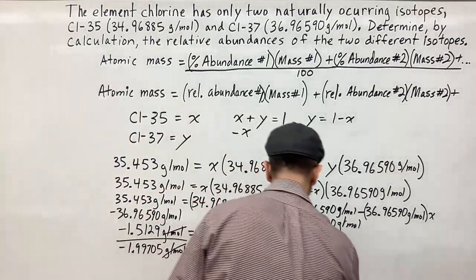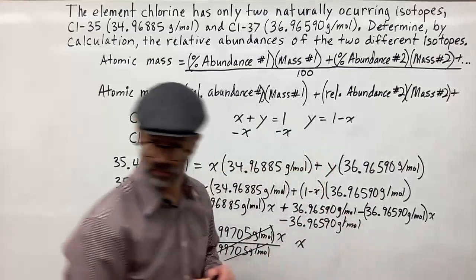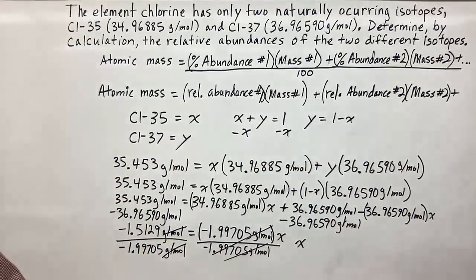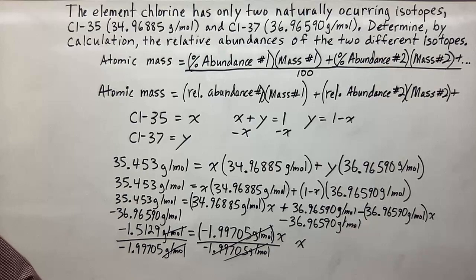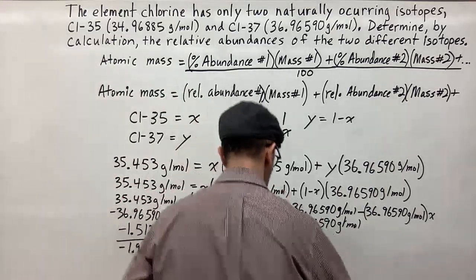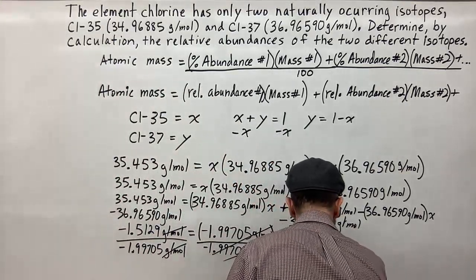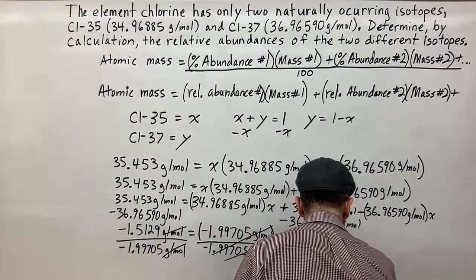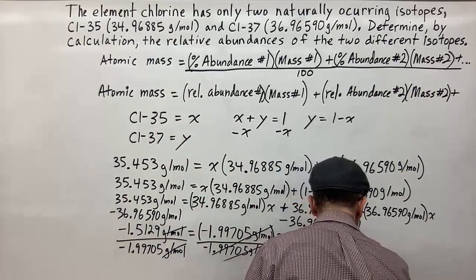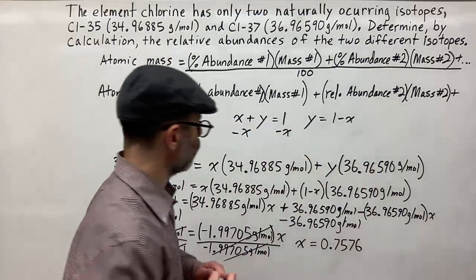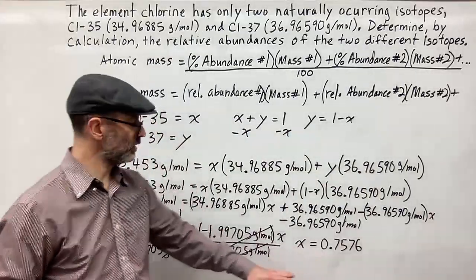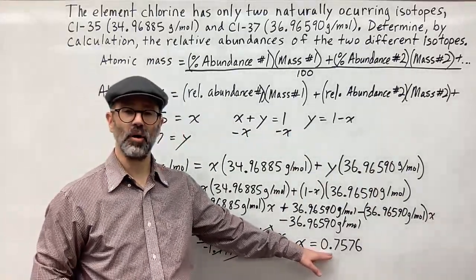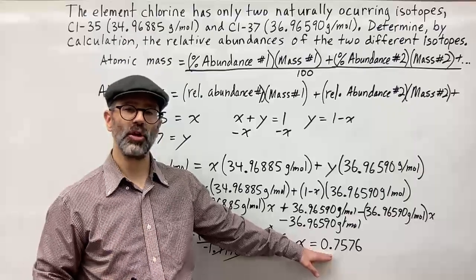X then equals, what do I get? 0.7576. So x equals 0.7576 for the relative abundance. Notice that the relative abundance is a decimal, a fractional amount.